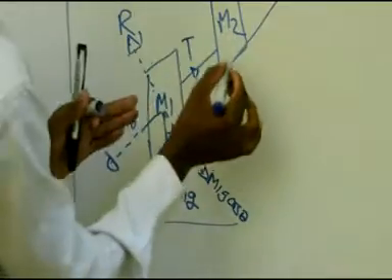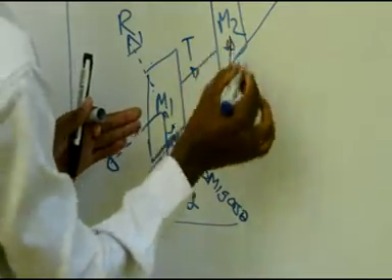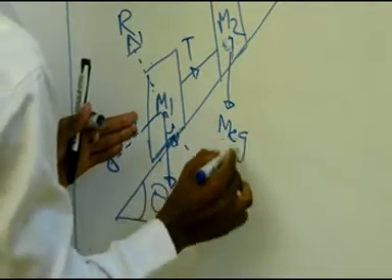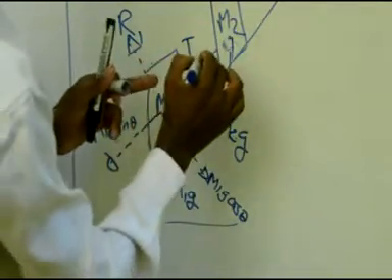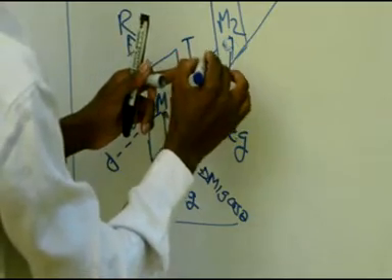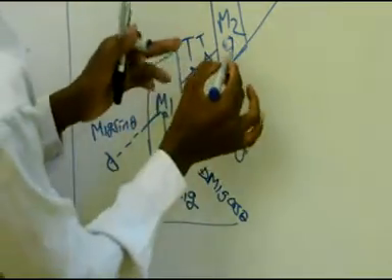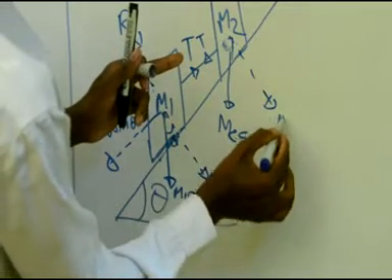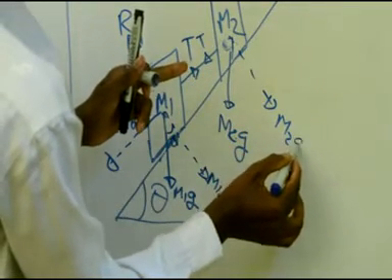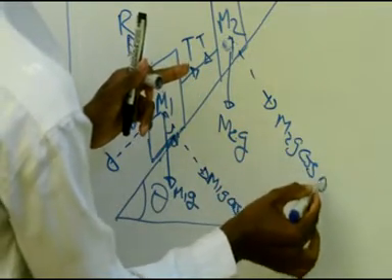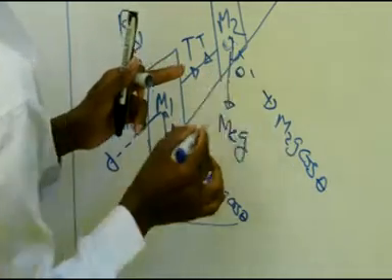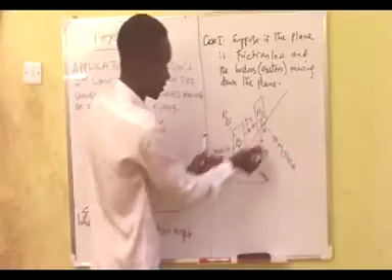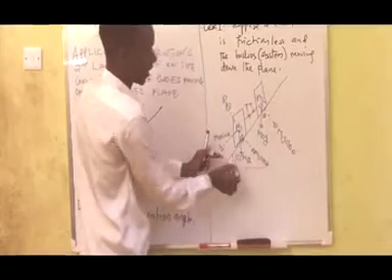Likewise, for mass 2, its weight is M2 times G, and the tension force T. Also, the component of this weight is M2 G cosine of theta, because the angle between the weight and the vertical is theta, the same as this angle.